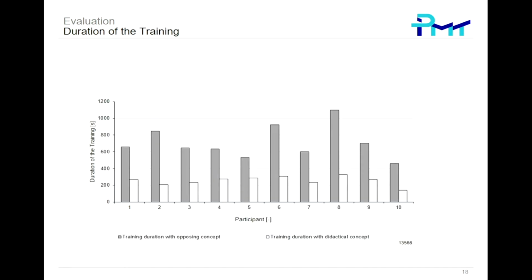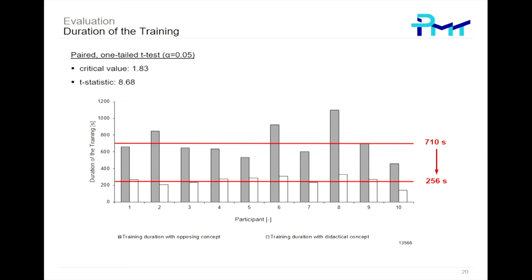So for the evaluation, on the y-axis you can see the duration of the training in seconds, and on the x-axis the participants. So as you can see, we have 10 participants. The darker bar is the standard concept, the opposing VR concept, and the lighter one is the training time with my concept. As you can see, the average dropped from 710 seconds to 256 seconds in the training time, which indicates that there is a good effect.